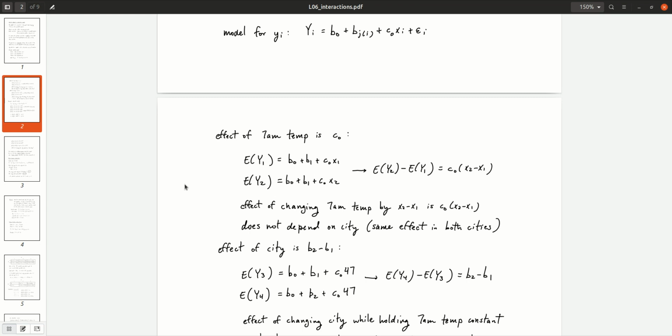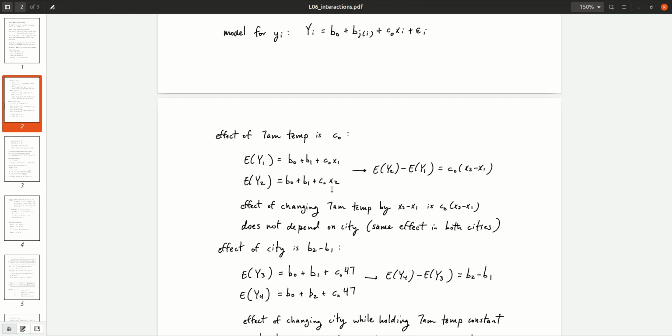Imagine we have the first 2 observations, and we can write down the expected value of those 2. Let's say the first 2 observations are both from city 1. That means B_{J(i)} is B1 in both cases. So expected value of Y1 is B0 + B1 + C0 X1. Expected value of Y2 is B0 + B1 + C0 X2.